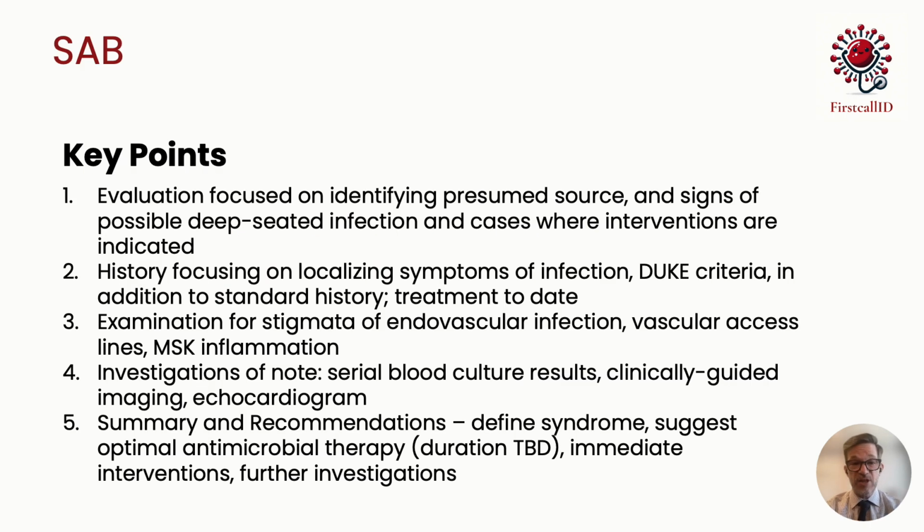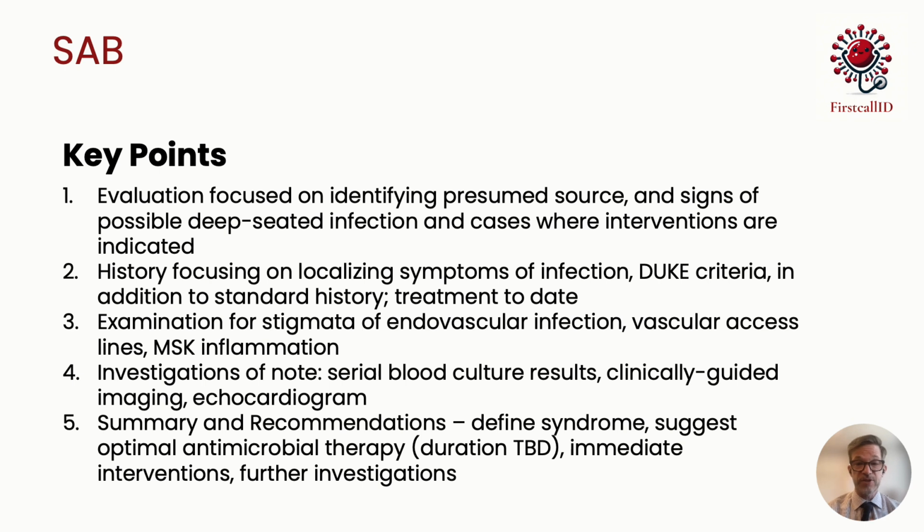So the key aspects of our initial assessment of patients with Staphylococcus aureus Bacteremia. First is an evaluation that focuses on identifying the presumed source of the bacteremia, as well as signs or clues to possible deep-seated infection or cases where further interventions are required. Our history focuses on any localizing symptoms of infection.